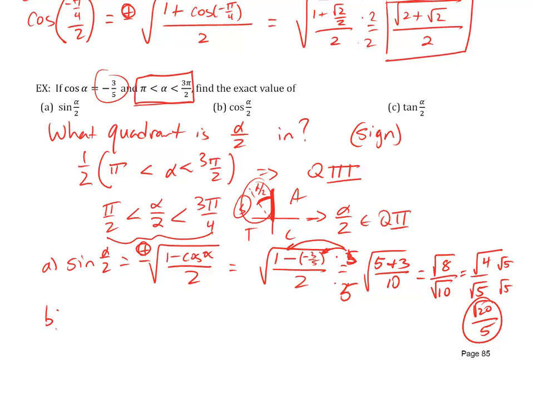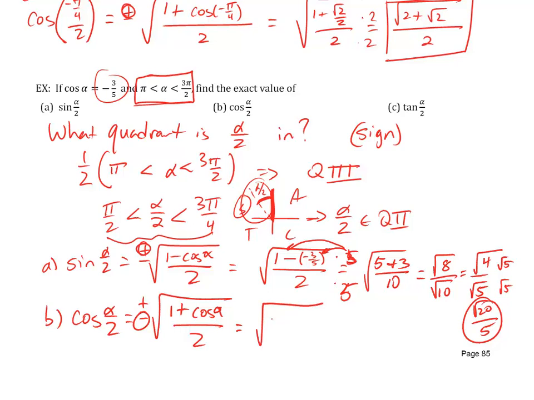B would be cosine of alpha over 2, which would be square root of 1 plus cosine of alpha divided by 2. And it's again plus or minus because we're in the second quadrant. Cosine is negative, right? Only sine is positive in quadrant 2. So you have square root of 1 plus a negative 3/5 all over 2 with a negative up front.